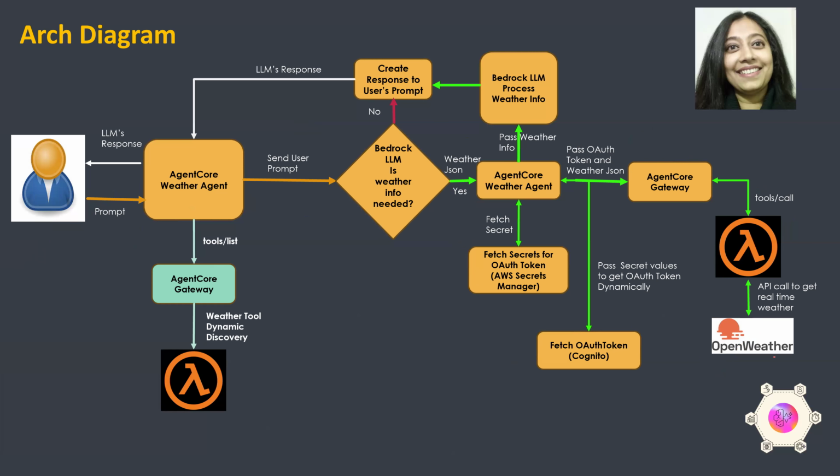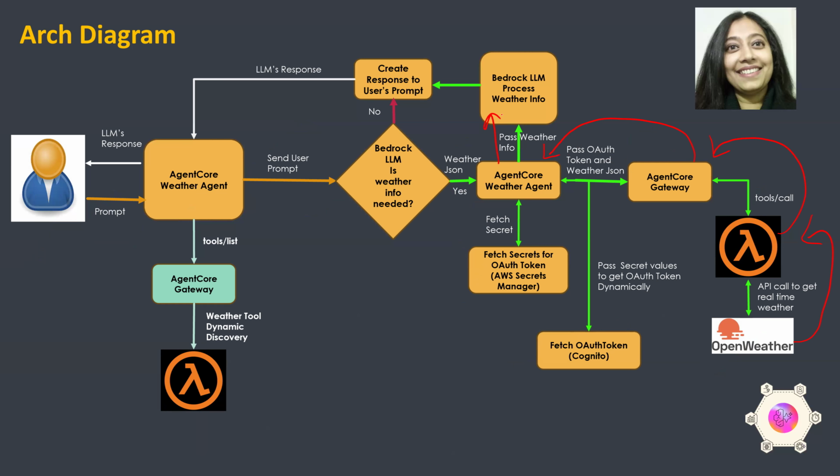Now once it fetches information, it will send the weather information back to our Lambda function. Our Lambda function will send that information back to our gateway. Our gateway will again pass this information to our agent. And our agent will pass that weather info to our LLM.